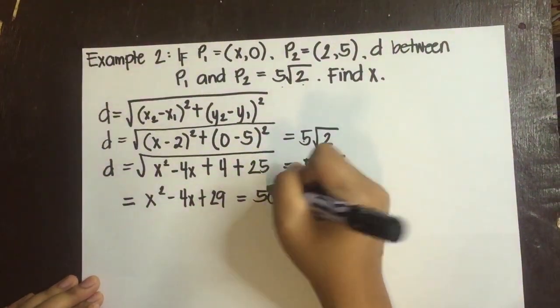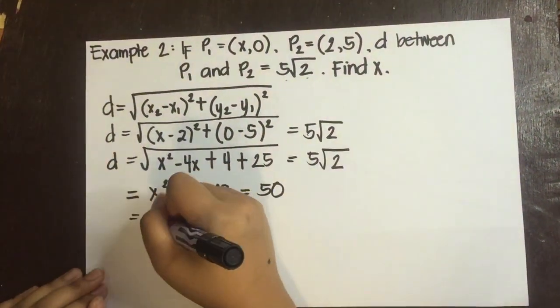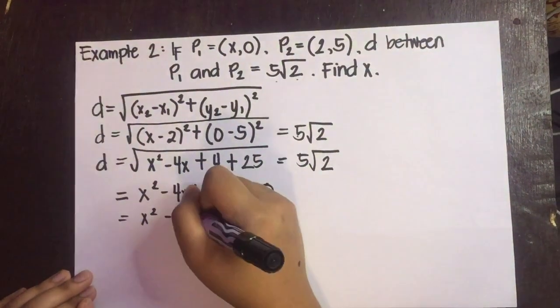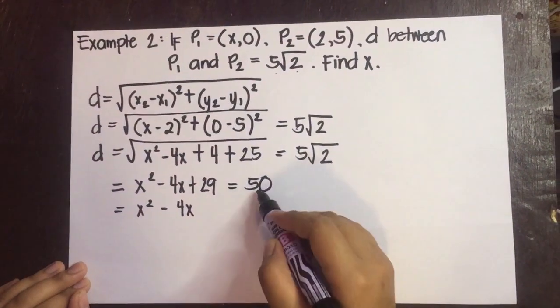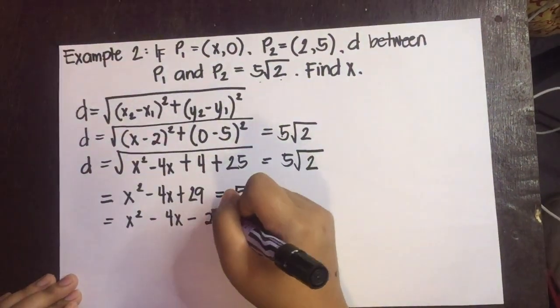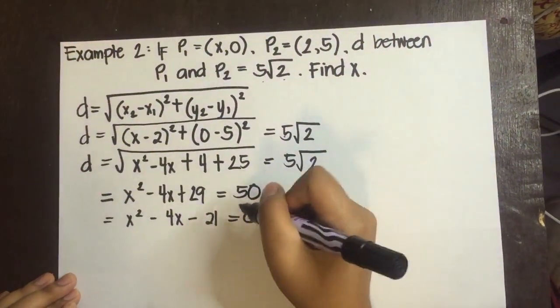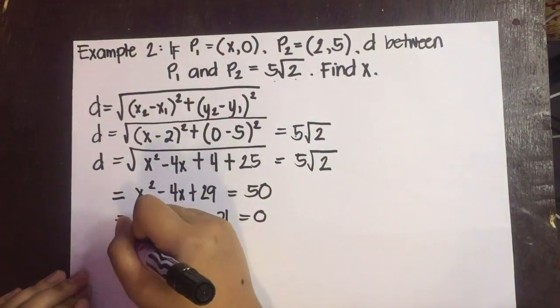So this would be our new equation: x squared minus 4x plus 29 minus 50 is equal to negative 21, which is equal to 0.